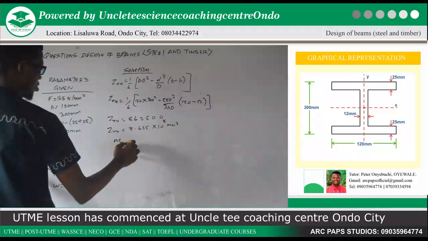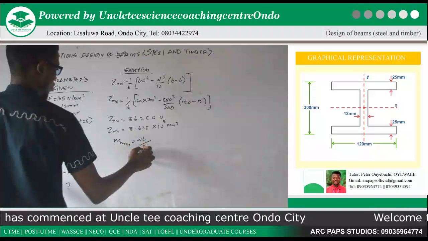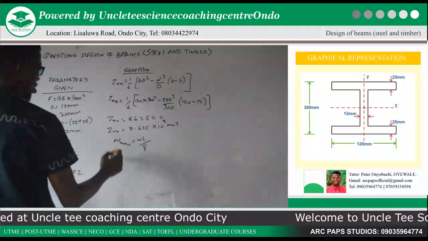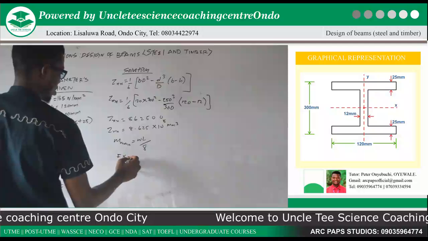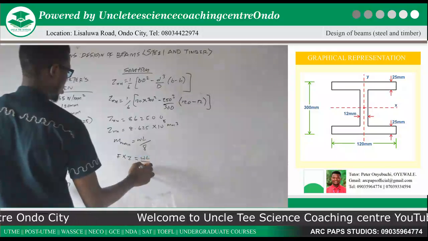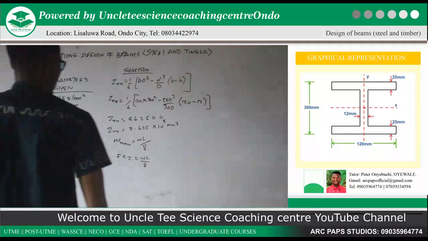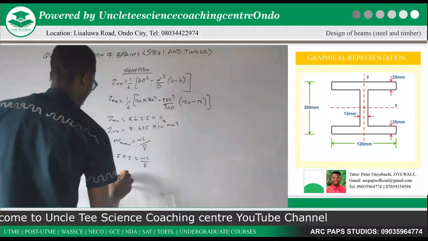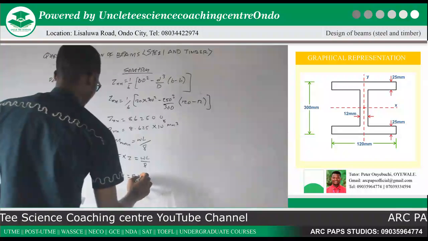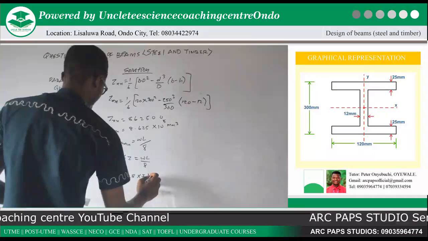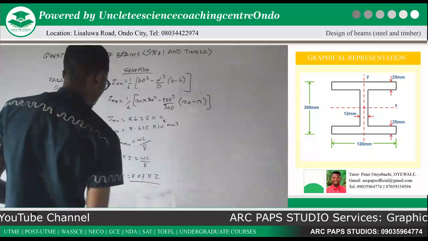Now since our M max is equal to WL over 8, and that same M max is still the same thing as our F times Z, that is our bending stress times our sectional modulus, and we are looking for our W, we are going to make W the subject of the formula.